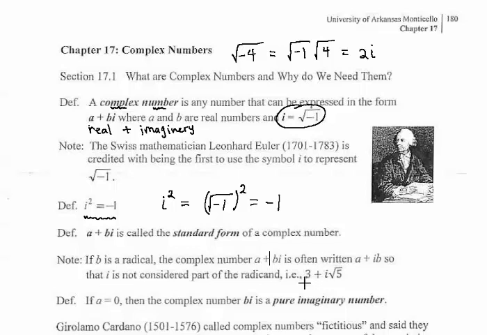So originally, if you look at this example that we were given, 3 plus i square root of 5, this could have originally been written as 3 plus the square root of negative 5. We prefer this way with the i in front of the square root symbol, not with the negative inside the square root.